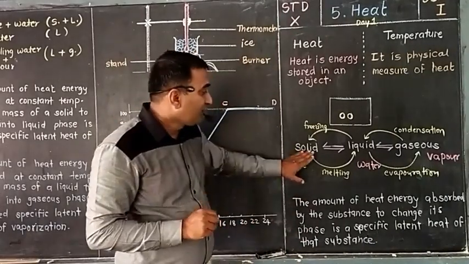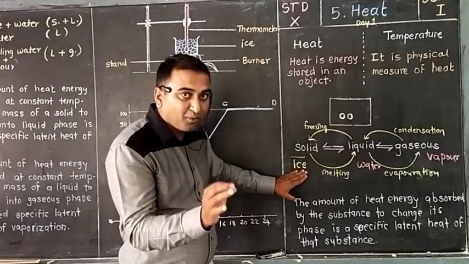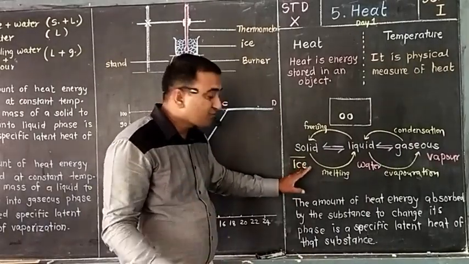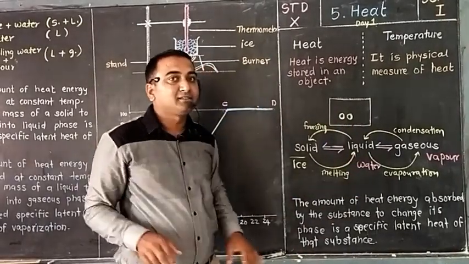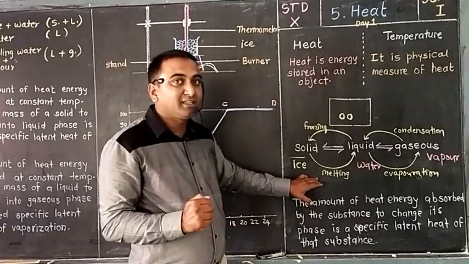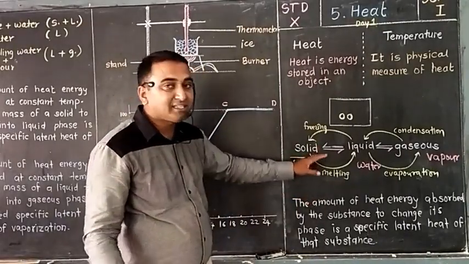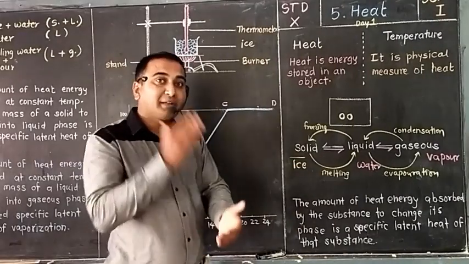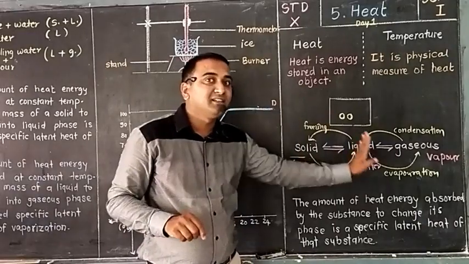Means what? When you start to heat ice, up to the point at which ice has not converted totally into liquid, it will absorb the heat, but temperature will not increase. Why is it so? Because it absorbs heat to break the bonds between the molecules, to get them separated and to change the phase.